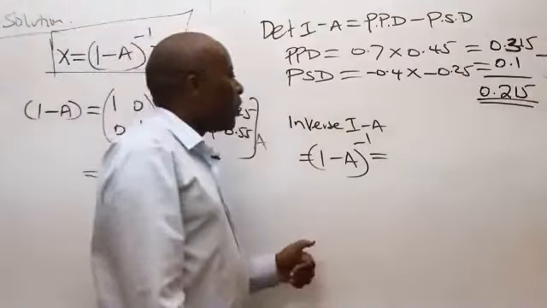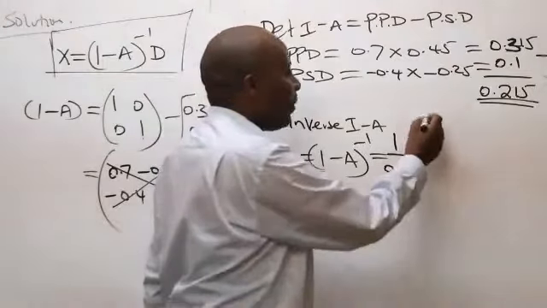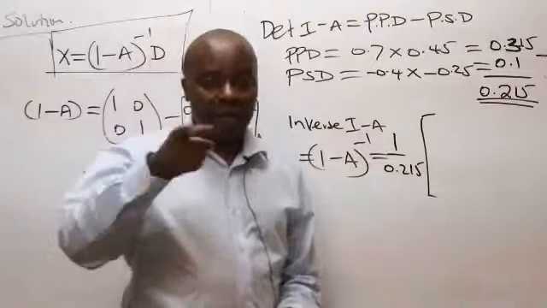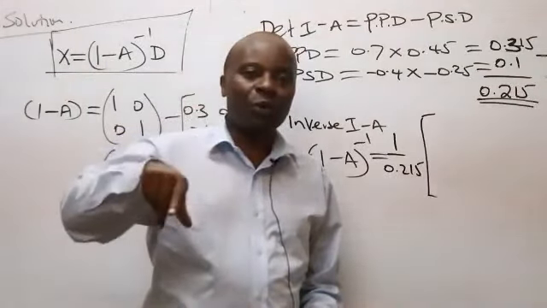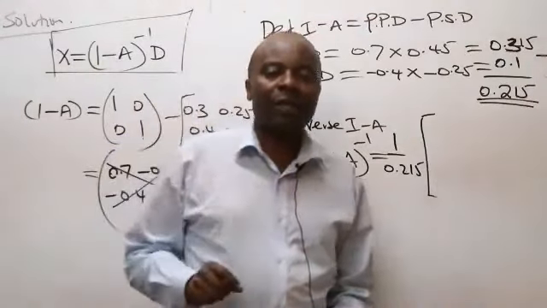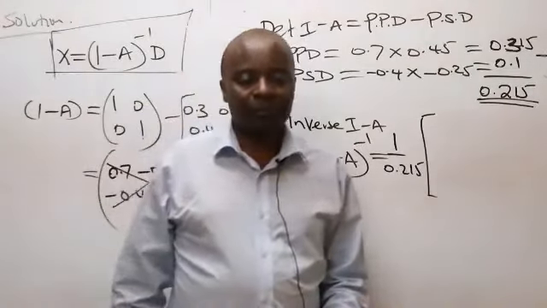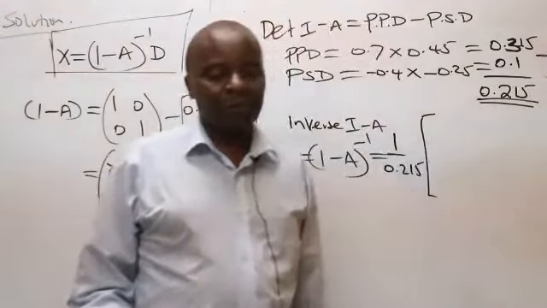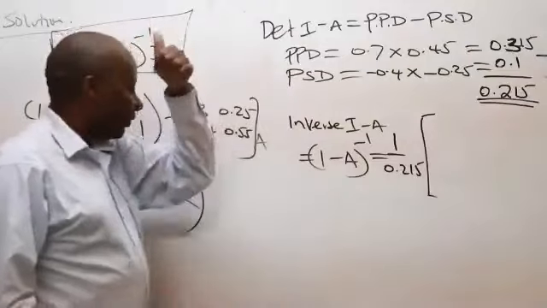So this means the inverse will be 1 over the determinant, into, while inversing, what is it that we normally do for primary diagonal elements? We swap them, thanks Gertrude. Gertrude has watched that video.